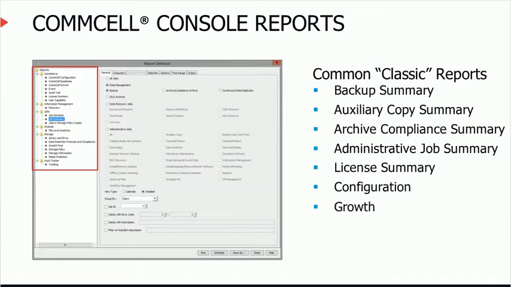The growth report that includes information about the size and setup of the CommCell, as well as the CommCell job and media management statistics over a specified time range. This is useful in understanding the changes that have been made to various entities in the CommCell.